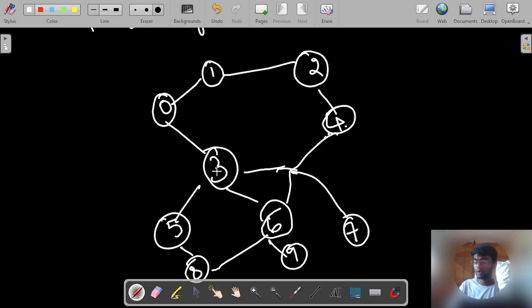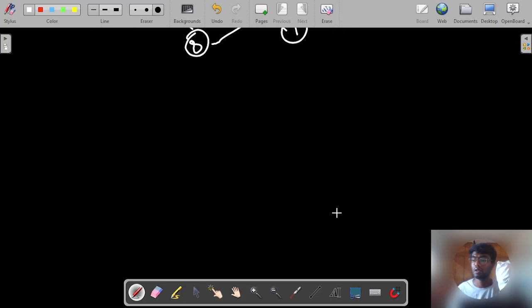So the code, the way that we are going to implement BFS here would be a simple BFS algorithm. We are starting out with a while loop.